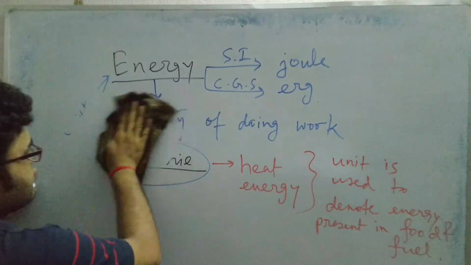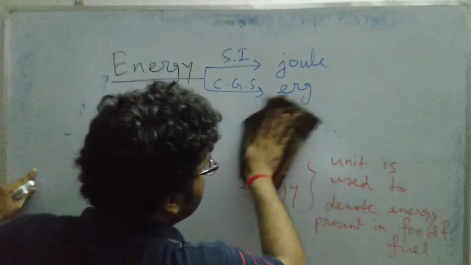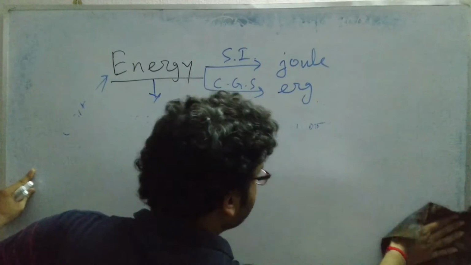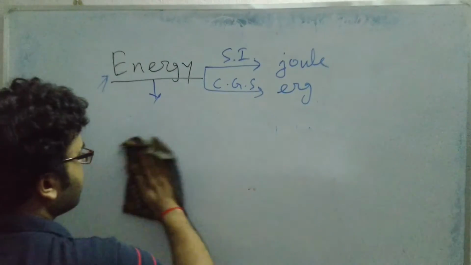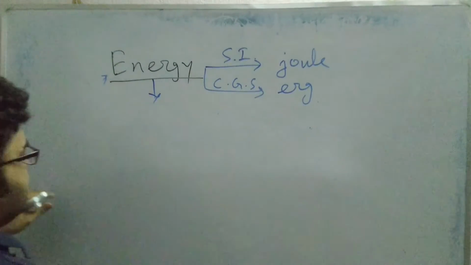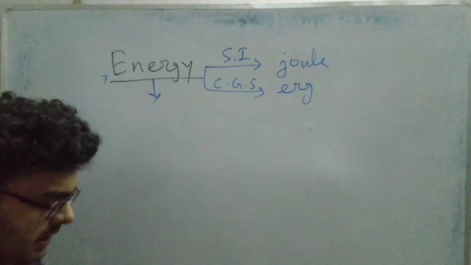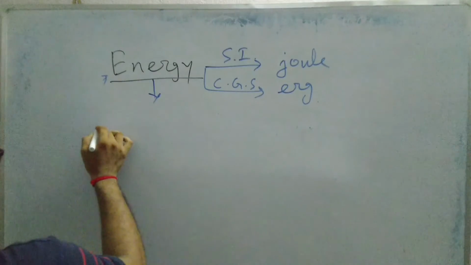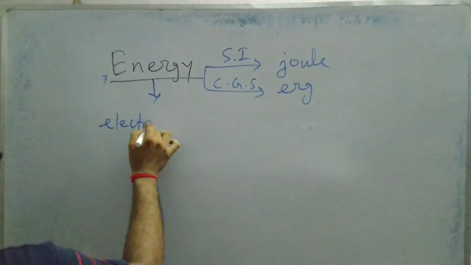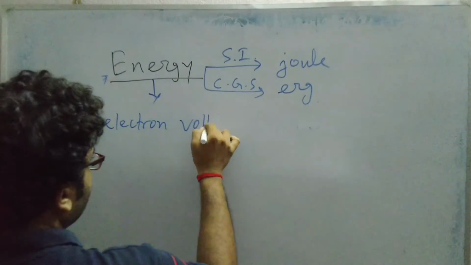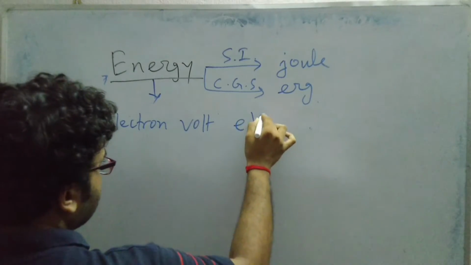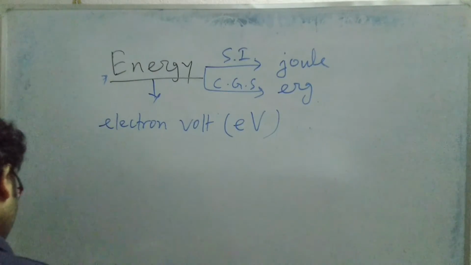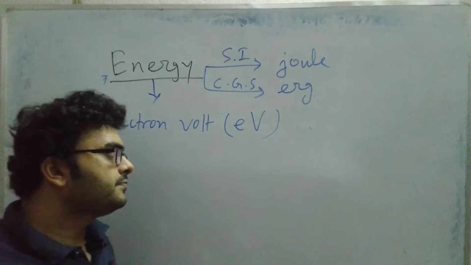Next unit is electron volt. So what is electron volt? Let us see. Another unit of energy is electron volt. In short, it is written as letters eV. What is this electron volt?